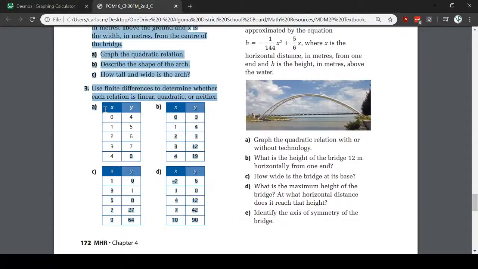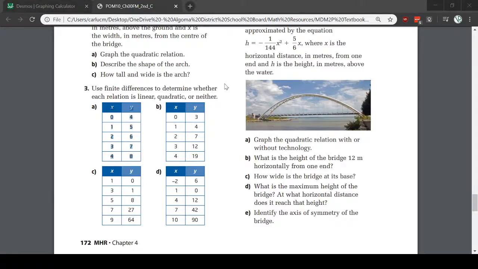for 3A. So we're going to look at 3A. We're going to determine whether this is linear, quadratic, or neither. And so what we're going to do is we're going to make an additional column or two, depending on how many we need, at the edge of this to see if it is linear, quadratic, or neither.